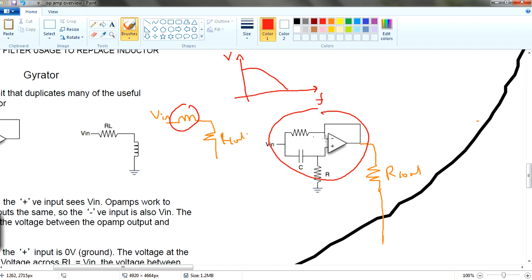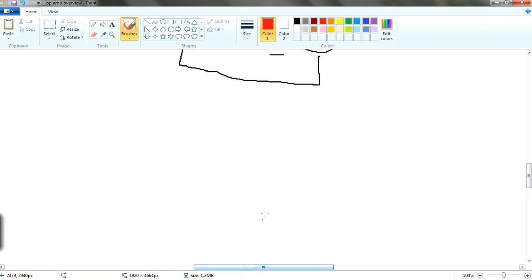So alternatively, you can draw like that, or otherwise you can draw a capacitor, like that. And then I have a resistor, and then this is connected to ground.